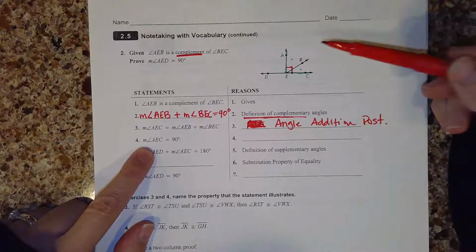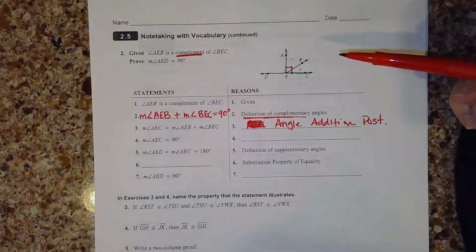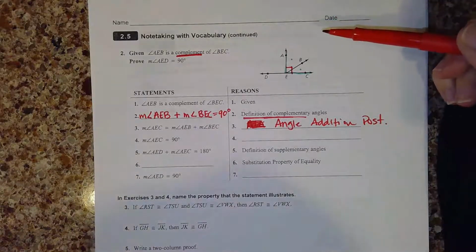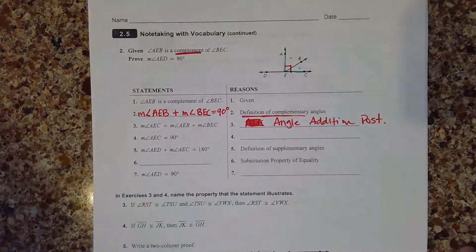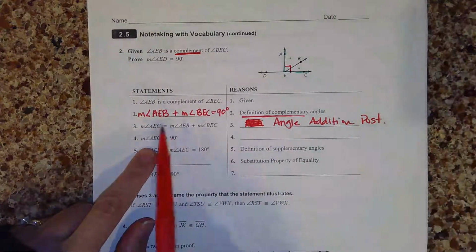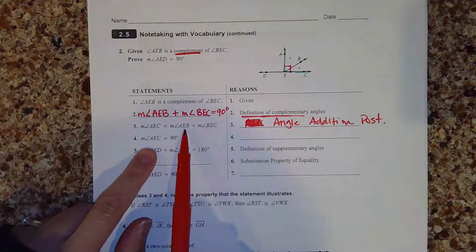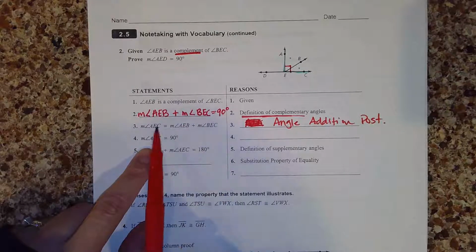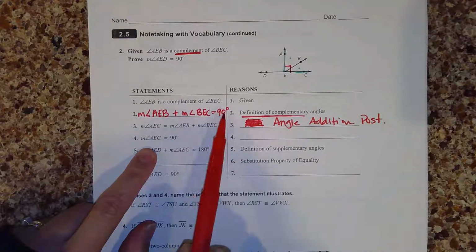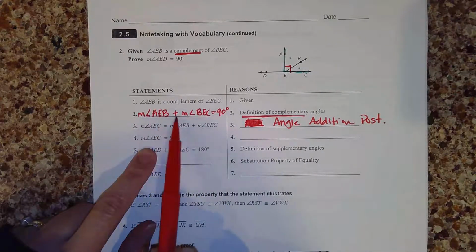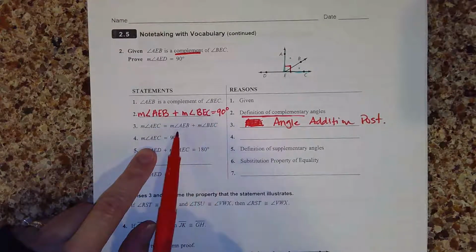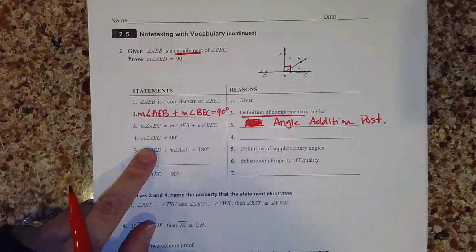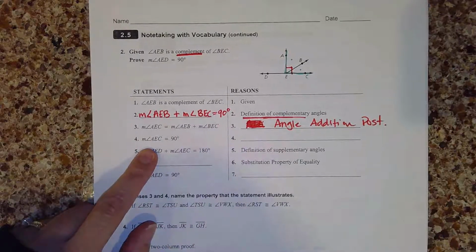Well, how do I know AEC equals 90? If you look at your drawing, we could do a couple things. What I noticed here is the measure of angle AEB and the measure of angle BEC equals 90. This is called our transitive property, right? If the measure of angle AEB plus the measure of angle BEC equals 90, and the measure of angle AEB plus the measure of angle BEC equals the measure of AEC, then those two things have to be equal to each other.